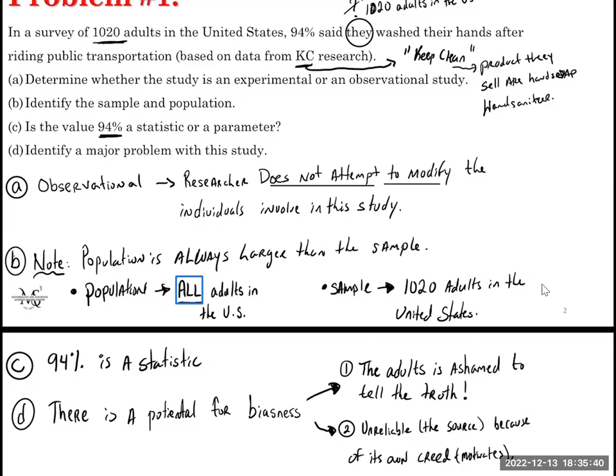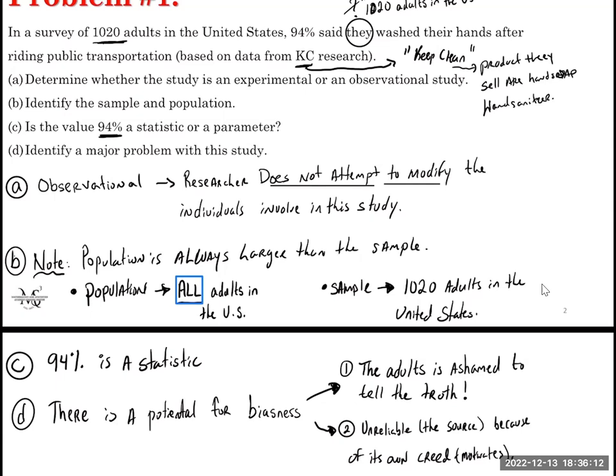For C, it's saying is the value 94% a statistic or parameter? Can you tell me what parameter means one more time? A parameter is a numerical value that describes a population. So, for example, if the population is all the adults in the U.S., and we run some inferential statistics, and we found that the population's proportion was 84%, just throwing a random percentage.